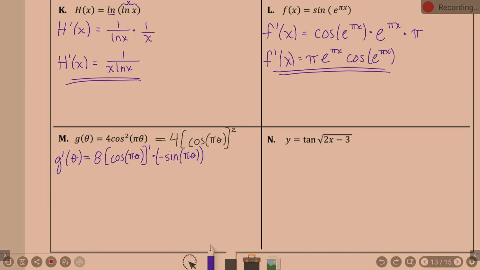Unless that inside piece is just a plain old variable, you now have to do the derivative of the inside piece. Derivative of pi theta: pi. Now write it up and clean it up.